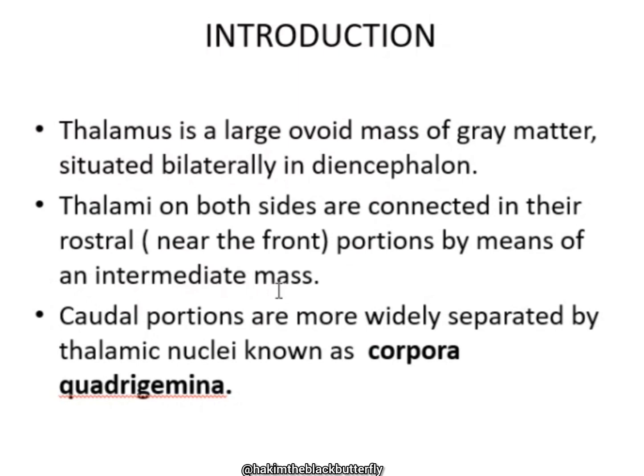On their posterior aspect, they are enlarged because of four enlargements. Two on the posterior aspect of the right thalamus and two on the posterior aspect of the left thalamus.